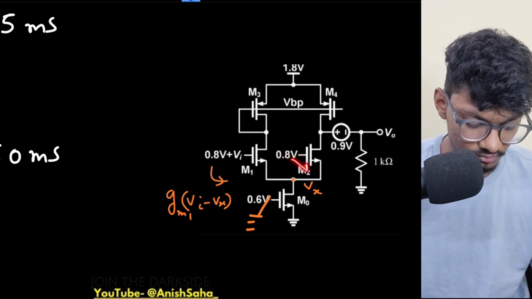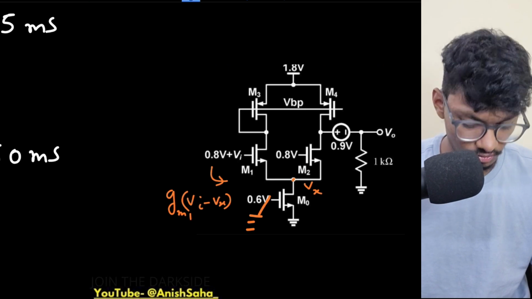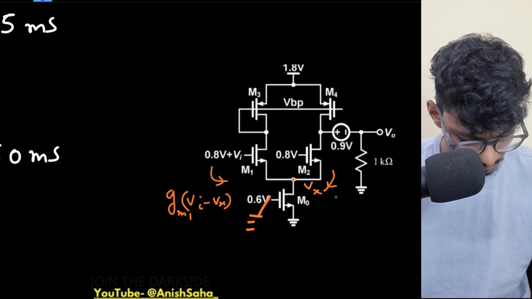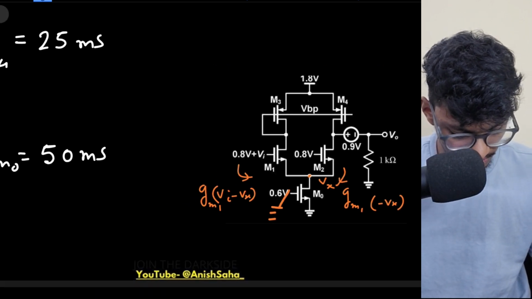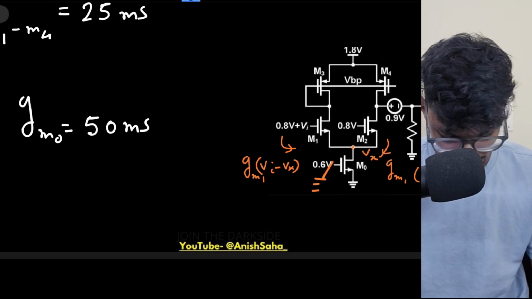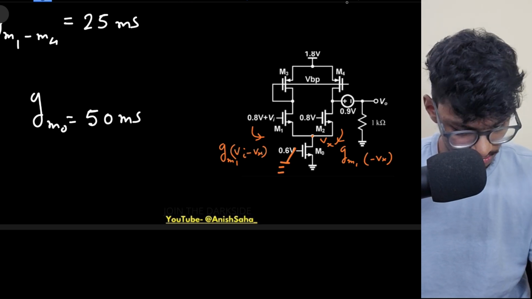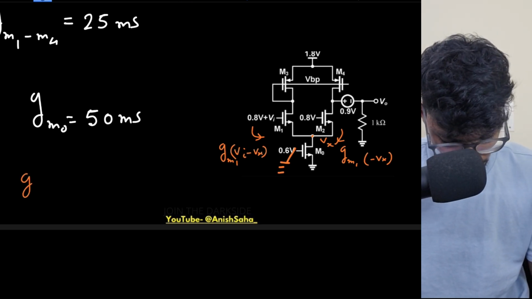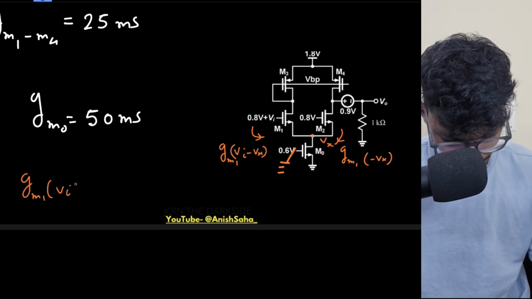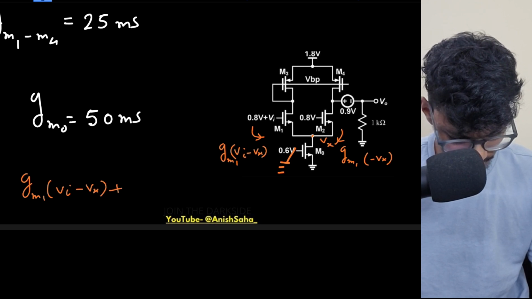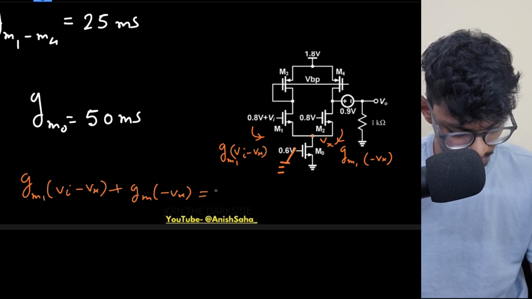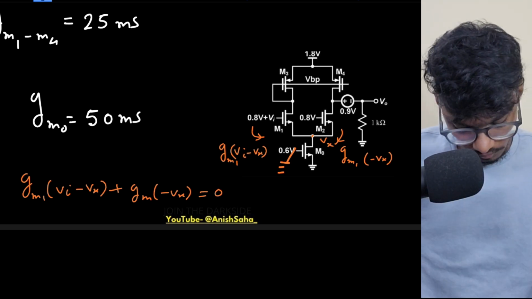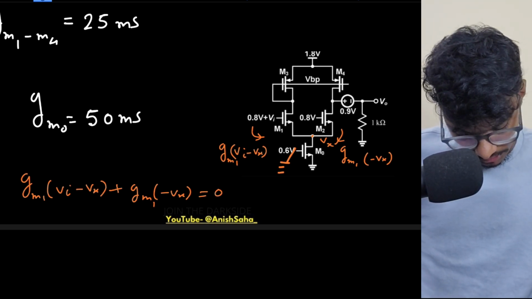So again gm1 into minus Vx will flow along this direction. Now I can write a KCL at this node. If I write a KCL at this node, what will I get? gm1 into Vi minus Vx plus gm1 into minus Vx equals 0. So what do I get? This is gm1, right?